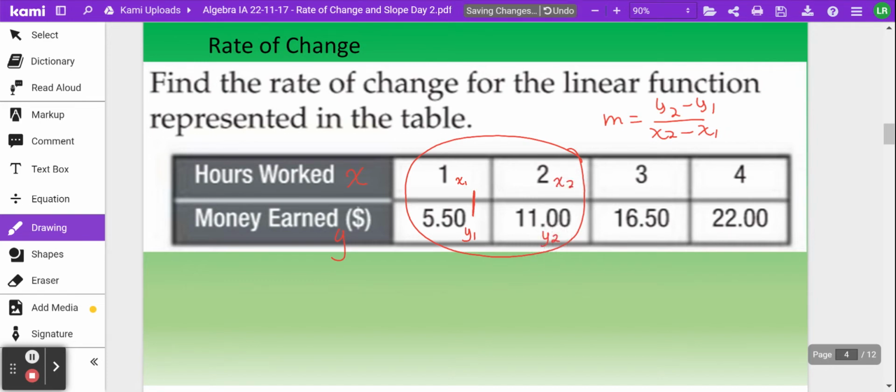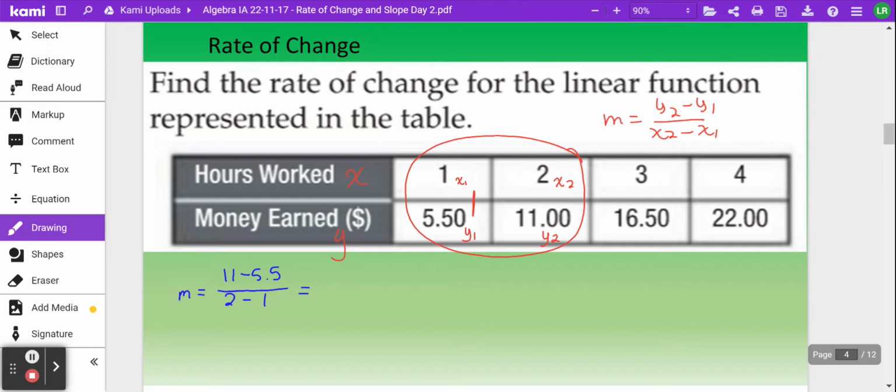We've got to make sure that we are labeling those correctly so that we can put them into the equation correctly.